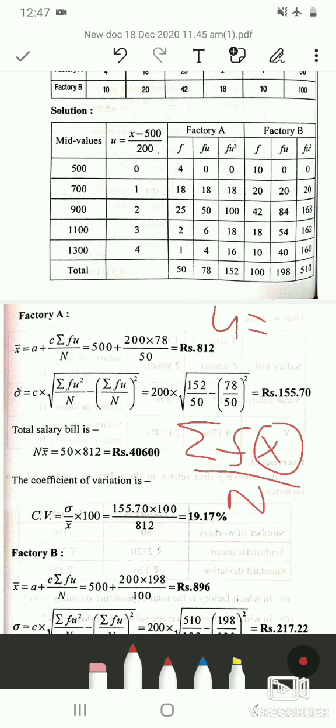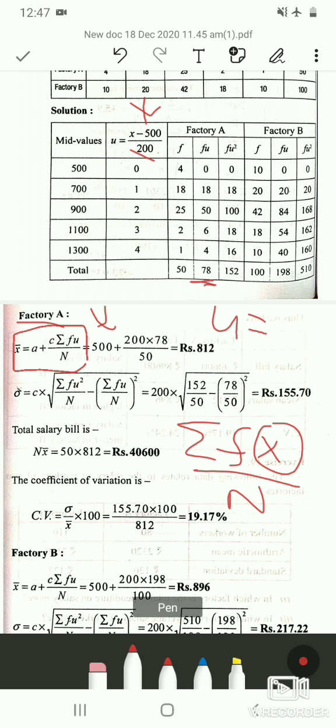So the formula, whatever you have taken as a, is a plus c into summation fu divided by capital N. So we know a is 500, c is 200, and summation fu, we are calculating for factory A, so check in the table the summation fu value, which is 78.